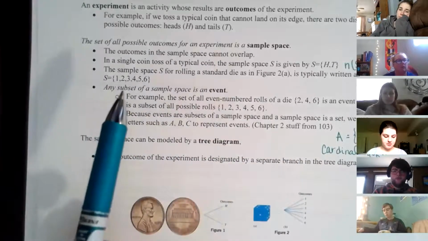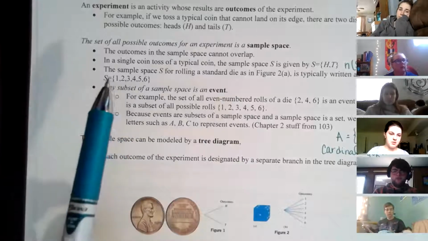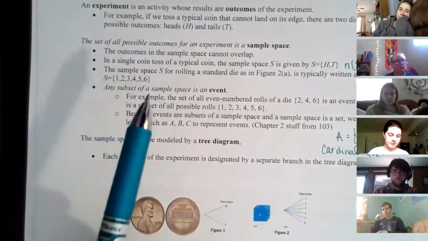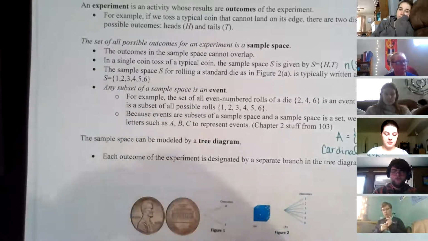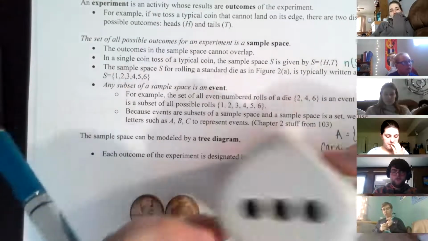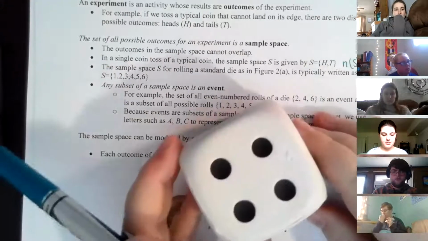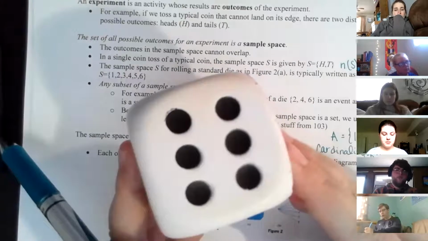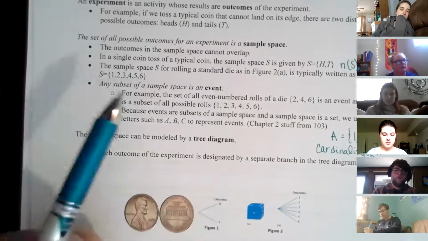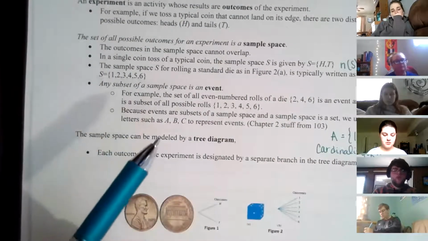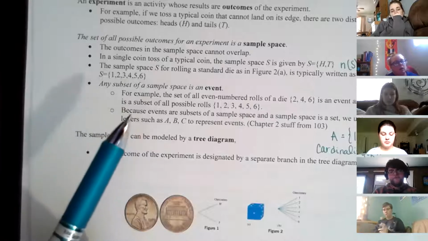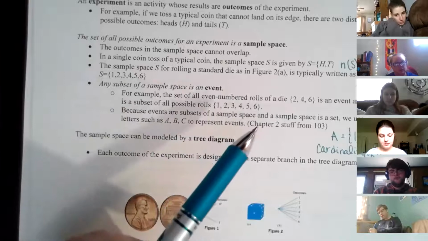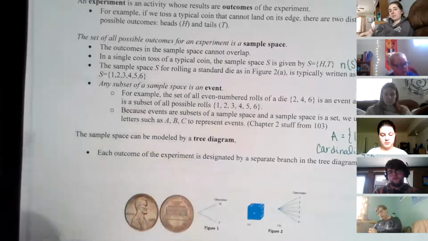Its sample set would be the numbers 1, 2, 3, 4, 5, or 6, because those are the numbers that we have on our die. And because events are subsets of a sample space, what do we mean by subset?